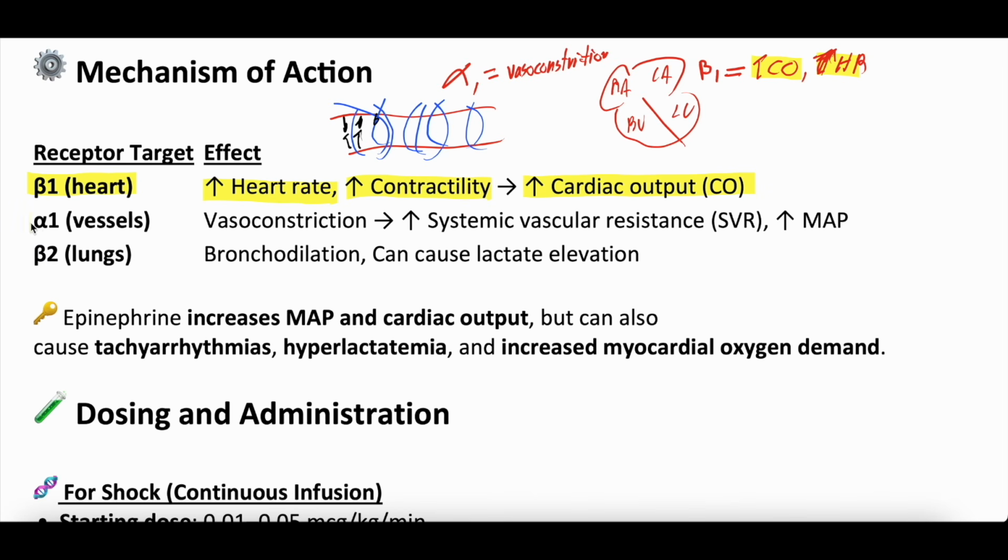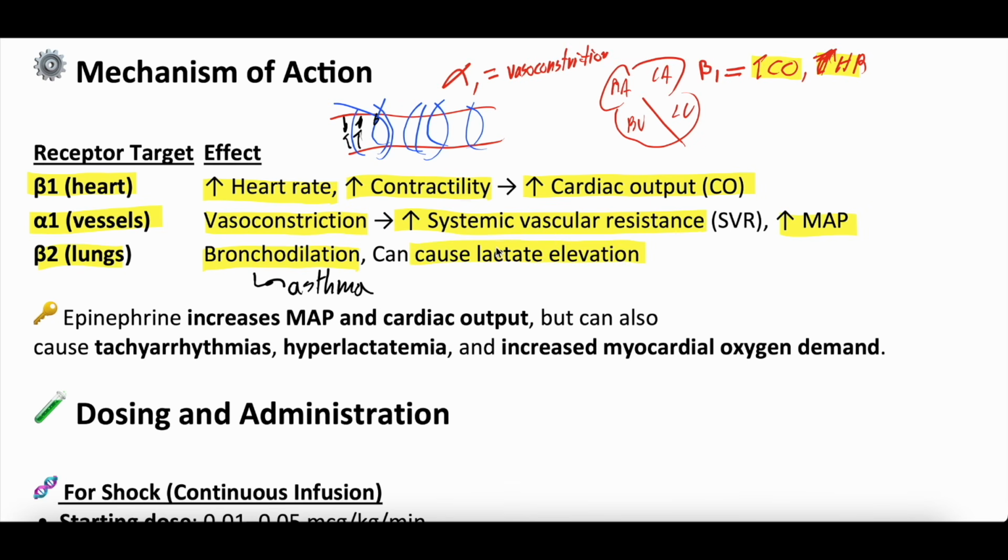It also affects alpha-1 receptors on blood vessels, causing vasoconstriction, an increase in systemic vascular resistance, and an increase in the mean arterial blood pressure. Epinephrine also has a beta-2 effect on the lungs. We're not going to spend much time on it, but it can cause some bronchodilation. This is why you can use epinephrine to treat refractory bronchospasm and asthma. And epinephrine can cause a lactate elevation.